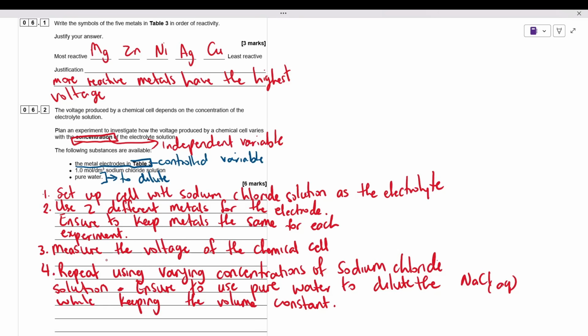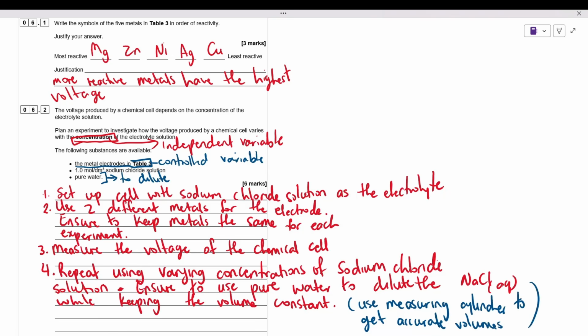Okay, so you can follow up by mentioning, you could also include, use measuring cylinder to get accurate volumes, right, in your measurement. So that's something that you could include.